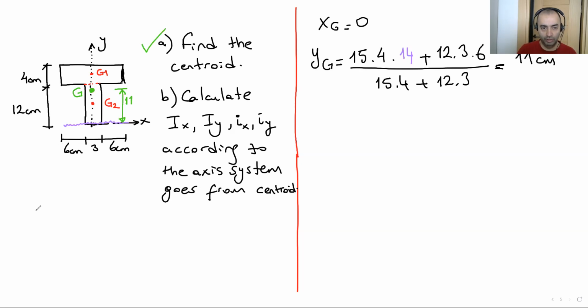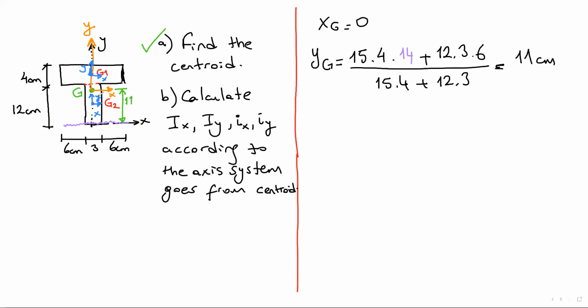Let's check the first one. Let's do the second one. Put an axis system to this centroid. This is X. This is Y. This is the global system. Each shape has its own one. For example, for G1 or the first member, let's say we have an X and Y here and another X and Y here.